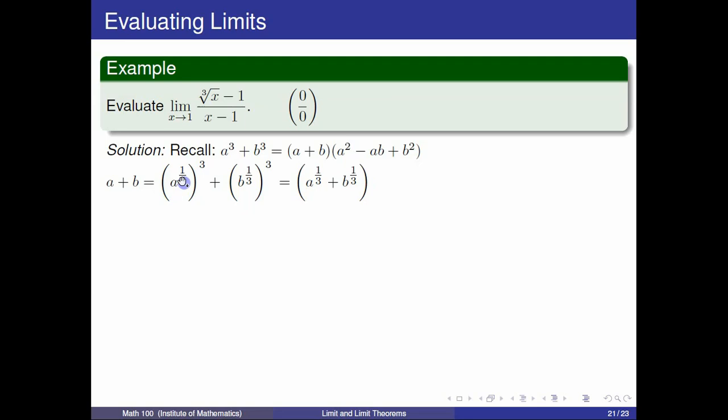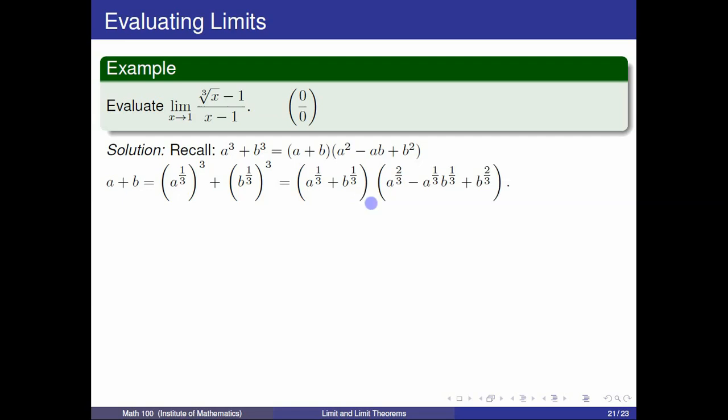Yung cube root nito, no? So, ito, tsaka ito, times square nito, and then, product nito, tapos negate, so negative a raised to 1/3, b raised to 1/3, plus square nito, plus b raised to 2/3.